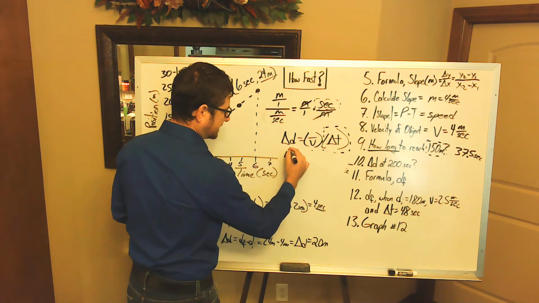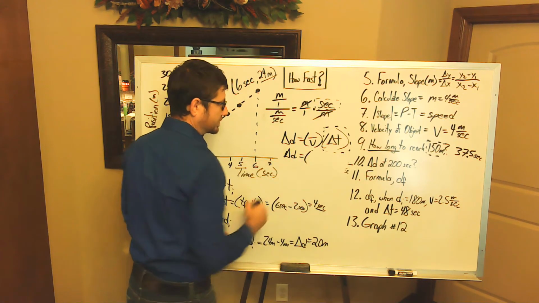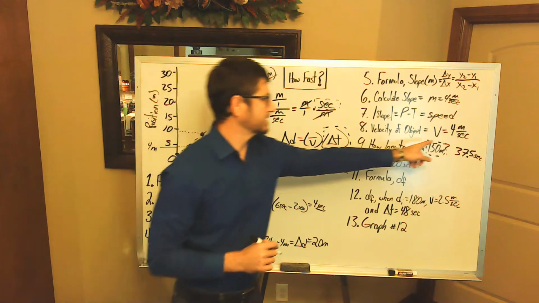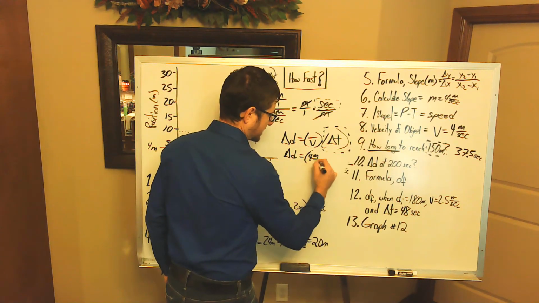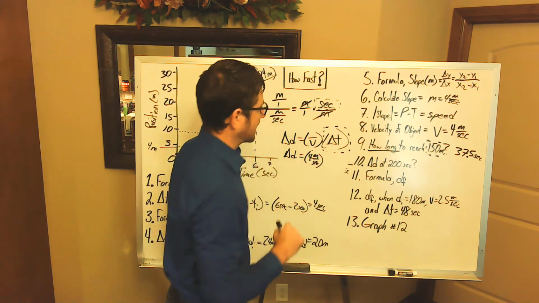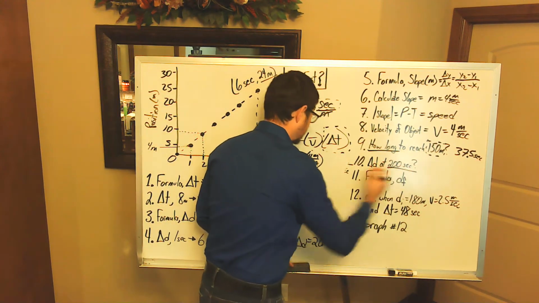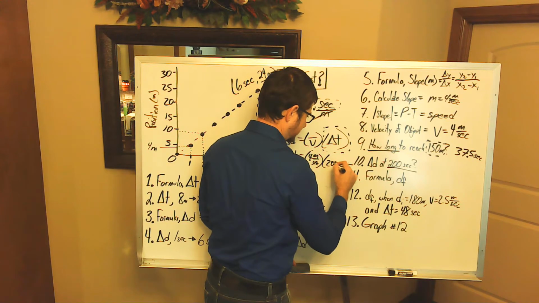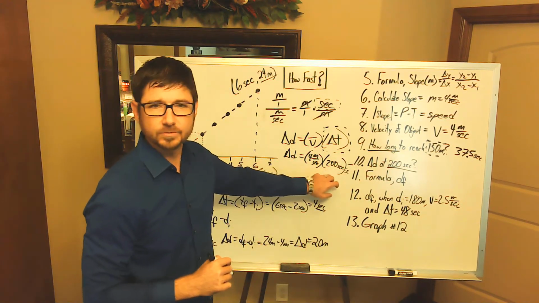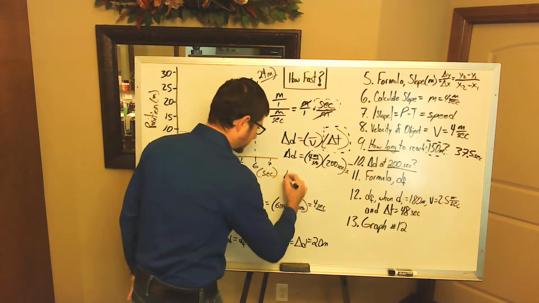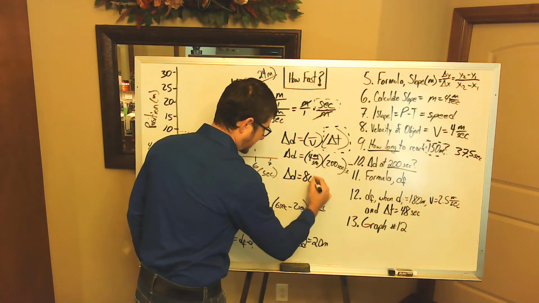So delta d is equal to our velocity, and our velocity is still 4 meters per second. Our change in time right here is 200 seconds. And 4 times 200 is 800. So delta d is equal to 800.